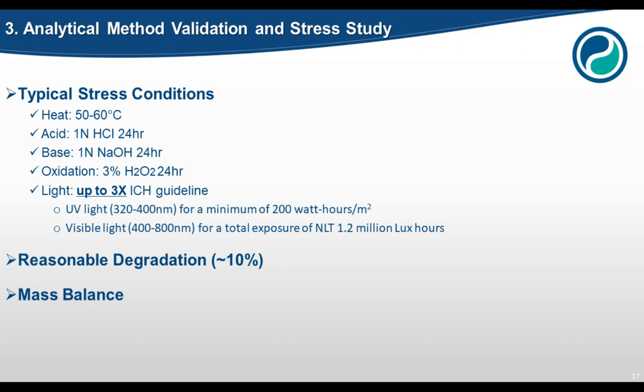If you can support yourself scientifically, for example, the off balance at the higher end is caused by one of the degradants with a very strong irrecoverable mass, then you are fine. But if you cannot explain it well, you should redesign the stress condition and reconduct the forced degradation study.